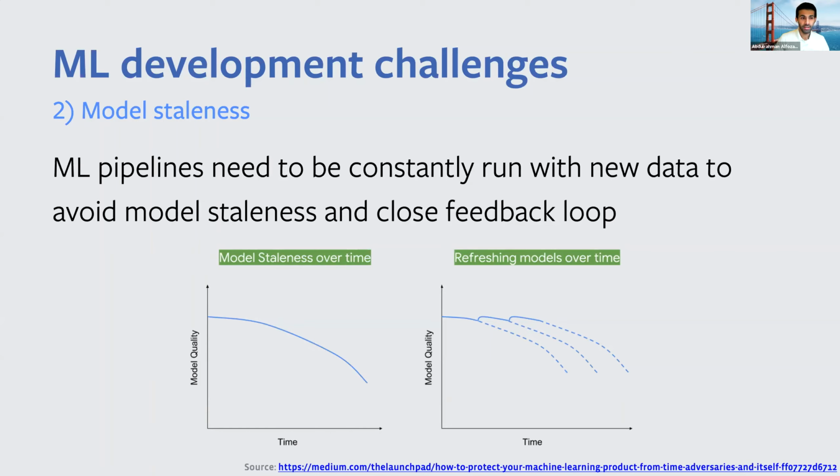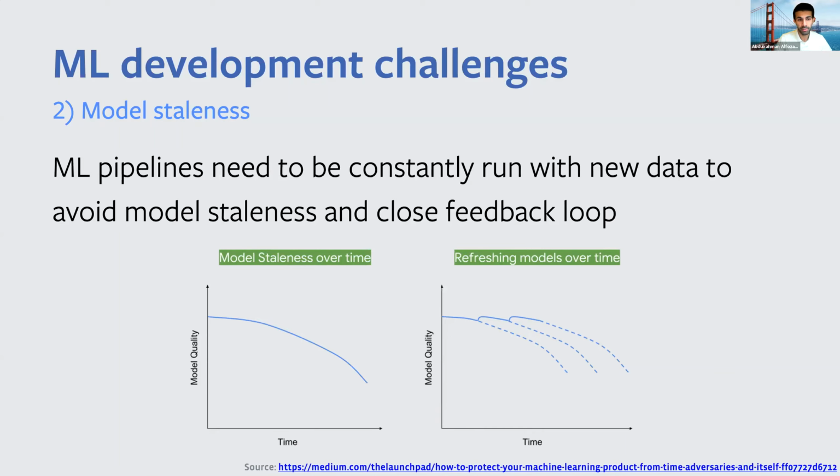So often pipelines need to be always rerun or updated on a daily or weekly basis to keep up with data freshness. As you recall from the first slide, we have this feedback loop. You log data and then you kick off the training again. This loop is pretty much continuous.